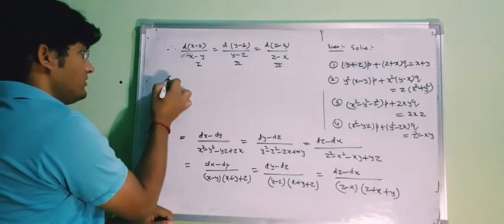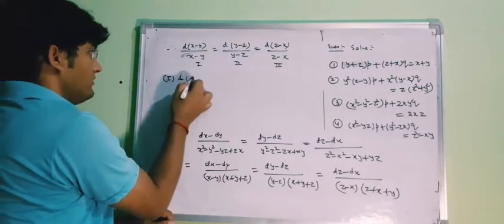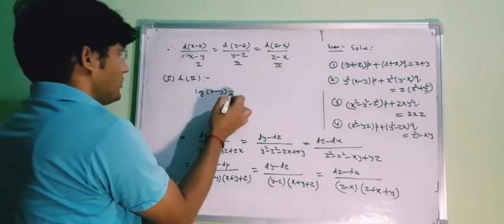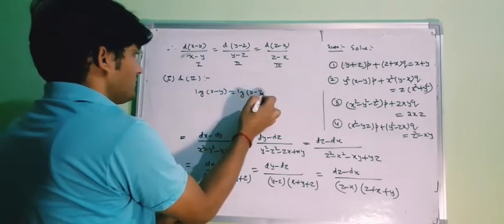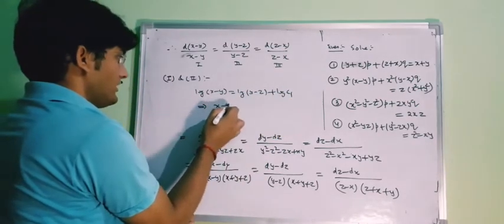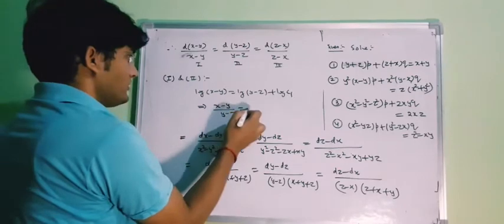Now first and second term will give you log x minus y equal to log y minus z plus some constant of integration, say log c1. So from here we will get x minus y upon y minus z equal to c1.